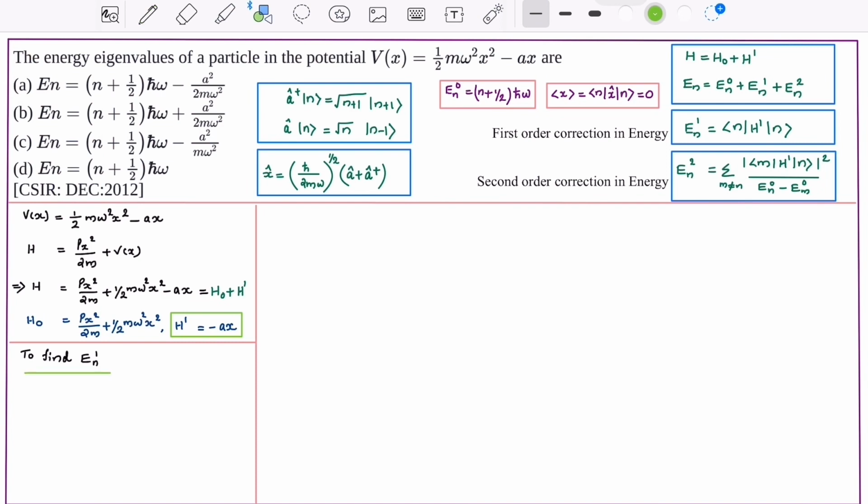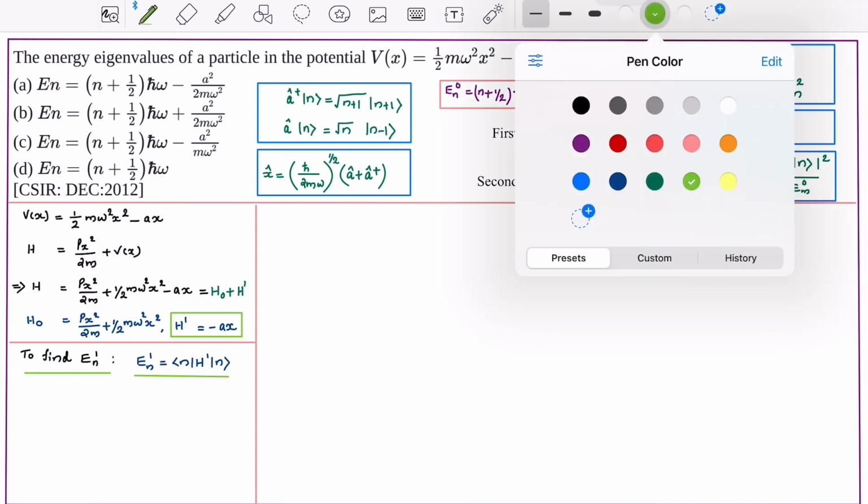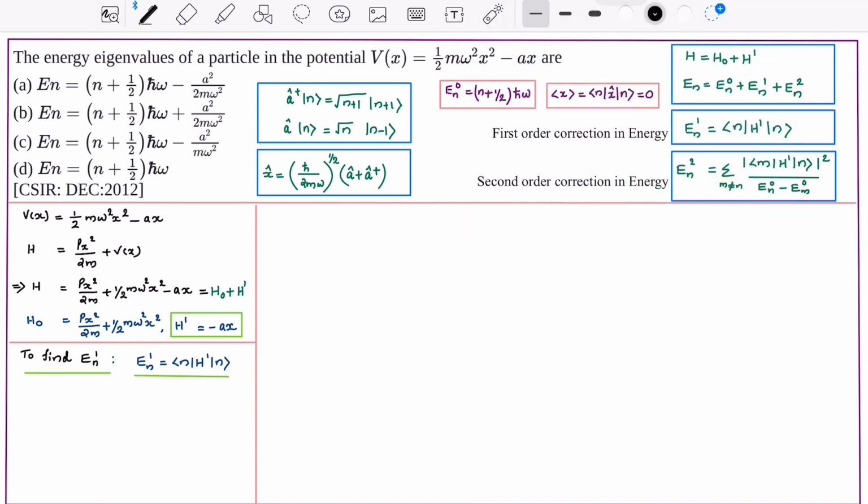First, let us find out the first order correction in energy, En1. En1 is given by <n|H dash|n>, where H dash is the perturbation minus ax. So En1 is <n|minus ax|n>.